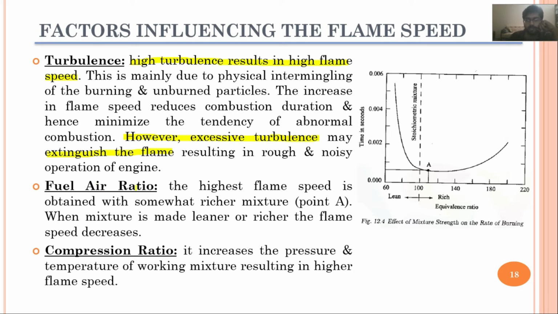Next is the fuel air ratio. As I mentioned earlier, for an equivalence ratio of 1.1 to 1.2 for SI engines, we have a maximum flame speed, and as can be seen from this figure as well, from this point until this point.